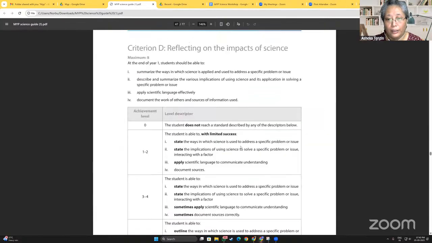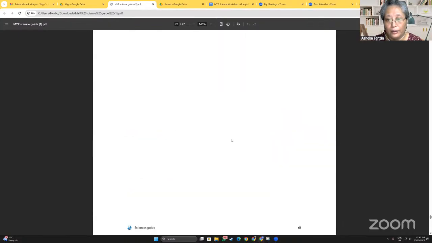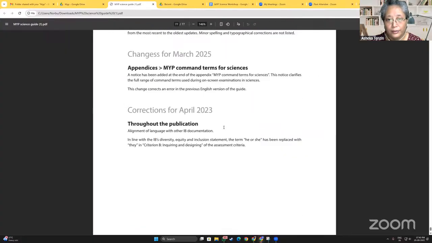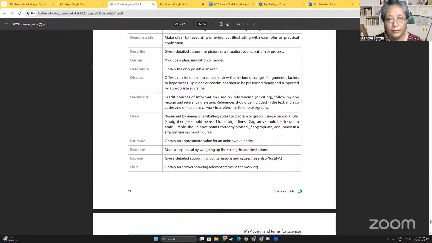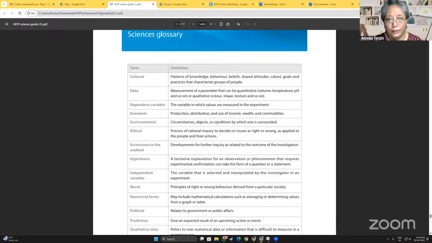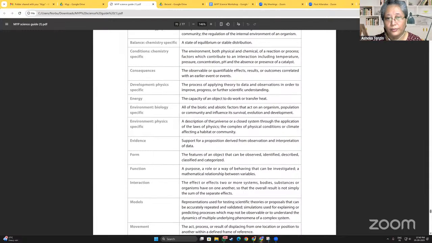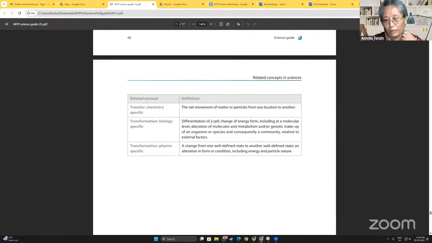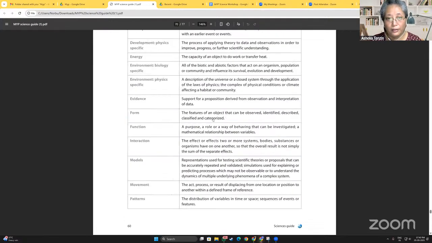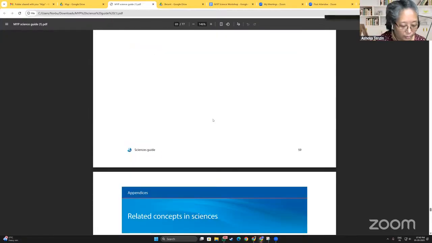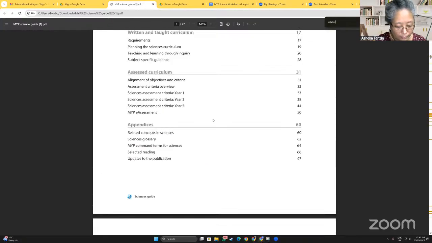If you look at the related concepts, these are the related concepts. The definitions of all the related concepts are here. Control F. Page 60.